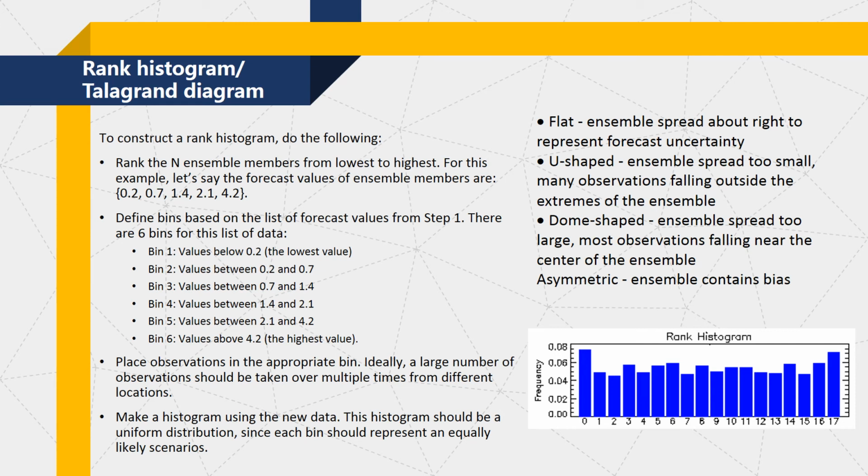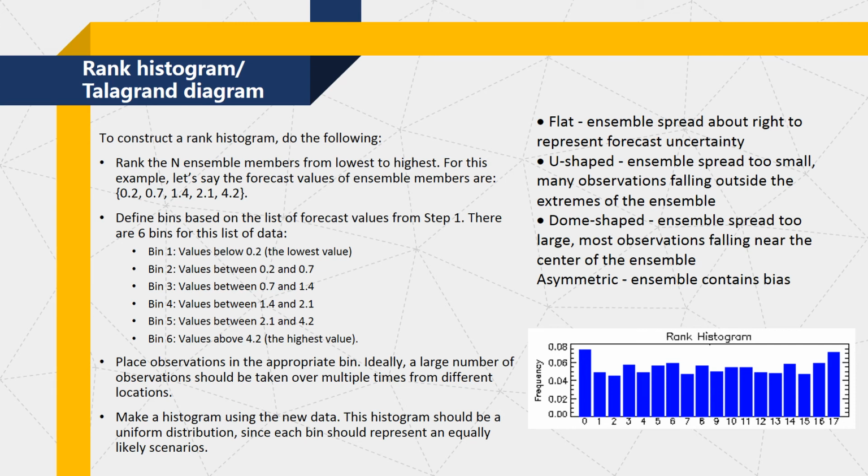This method is a kind of histogram but uses forecast data to create some bins or class intervals. Observation data will be filled into those bins to know the spread of the ensemble forecast members. Here are the steps to construct a rank histogram.